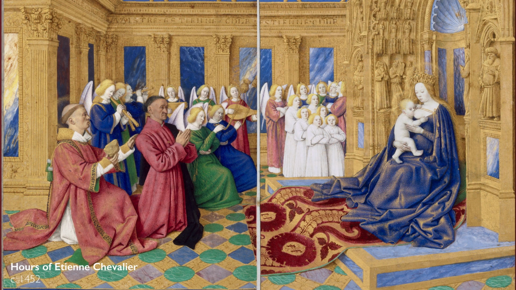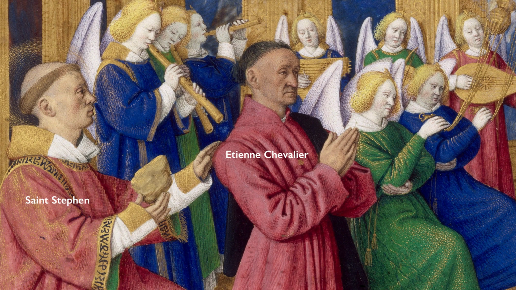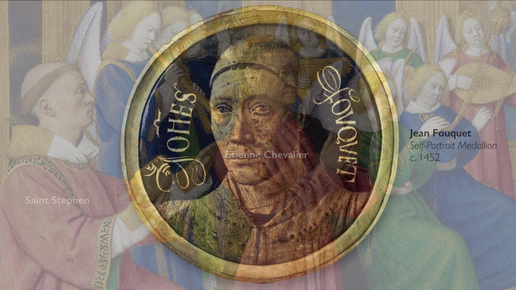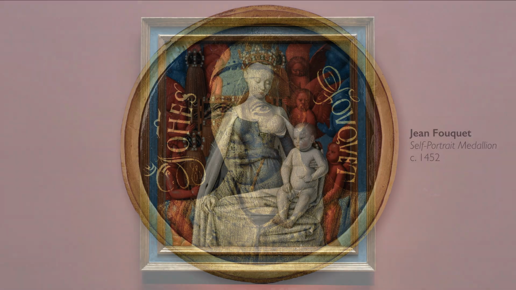In fact, there's a version of Mary holding Christ and of Etienne Chevalier with Saint Stephen, also in a manuscript, The Hours of Etienne Chevalier. Later, you would have painters specialized in manuscript painting and others in oil painting, but at the time of Fouquet, they often did both.